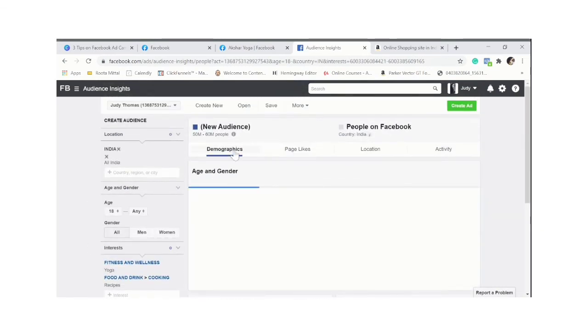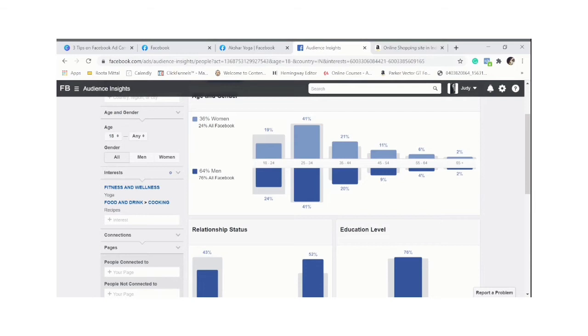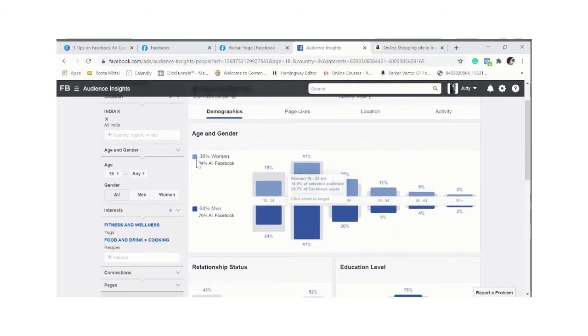And then let's go to demographics. Now you can see that almost 36% are women, and you have about 41% in the 25 to 34 age category. Even for men, it's the same chart that they're showing: 64% is men, out of which the 25 to 34 age group is the highest, with a range of 41%.